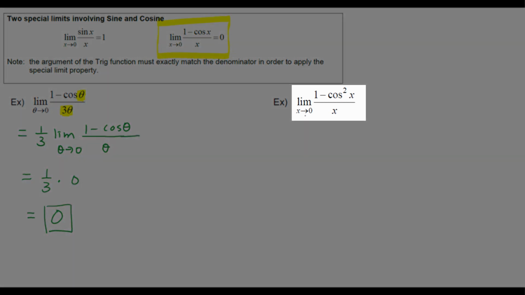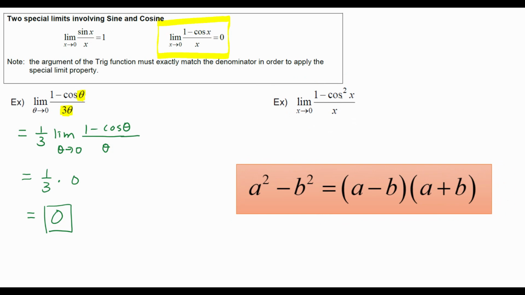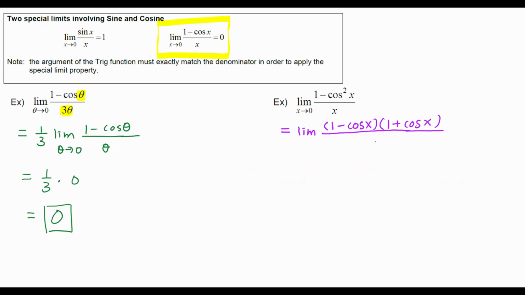How about the limit of 1 minus cosine squared x over x as x approaches 0? Yes, this is again a difference of squares. So yes, you can factor. So this is equal to the limit, factor the numerator, I get 1 minus cosine x times 1 plus cosine x over x as x approaches 0.